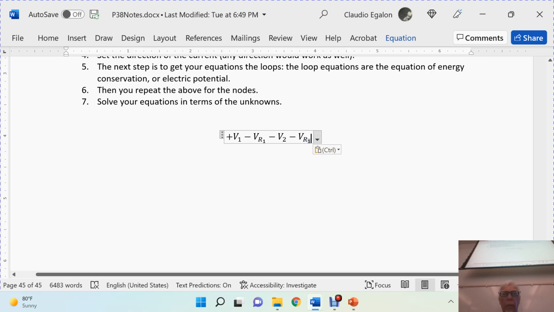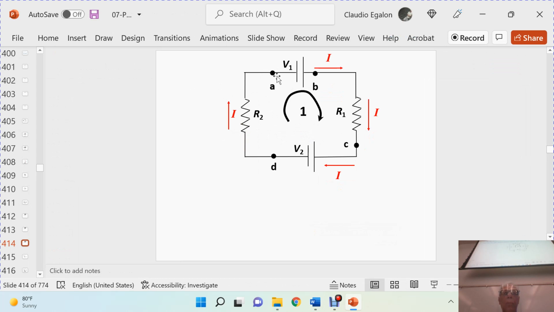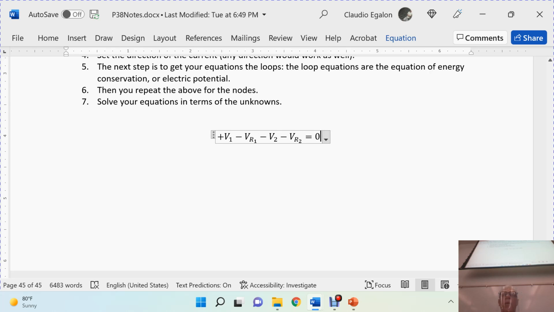It's going to be R2. And then we finally go back to the initial point A, and since we're going back to the initial point A, all that electric potential must be equal to 0.